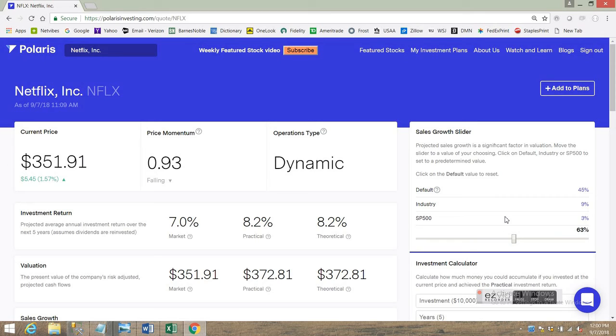Well, you notice here the practical valuation is equal to the theoretical valuation, and you might assume that the practical investment return now is 8.2%.